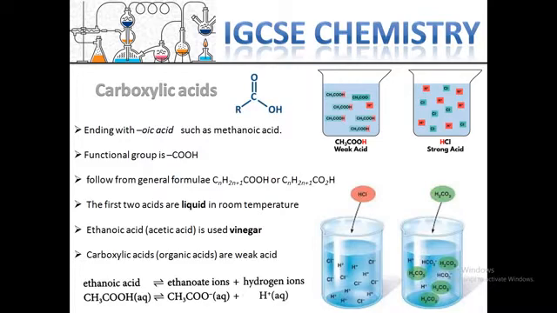But how do we consider a weak acid or a strong acid? As I said, here I put two types of pictures. Here we have ethanoic acid, which is known as a weak acid. If you look at the solution, only, for example, one molecule produces hydrogen ions, the positive proton, but the rest is still in molecule form, not ion form.